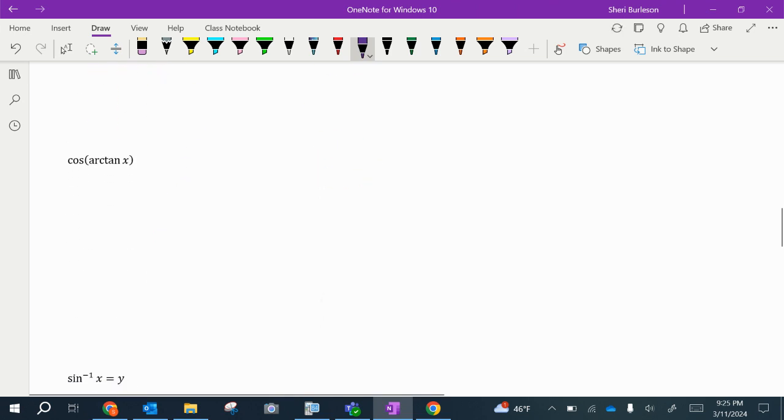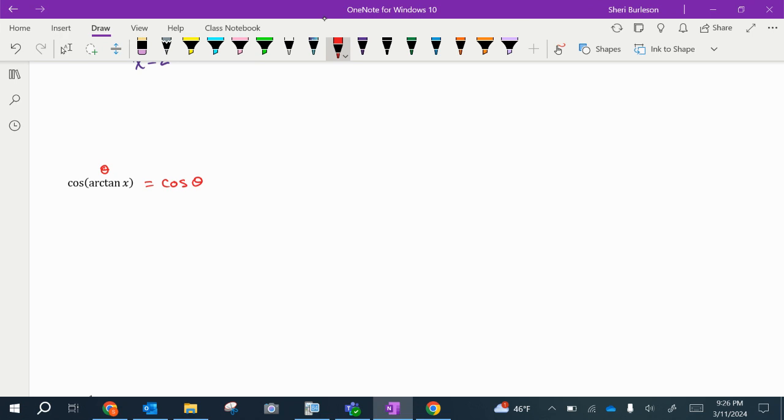And then we did composition of functions. So inverse trig functions are just angles. So this is asking me to find the cosine of an angle. This says cosine of theta.